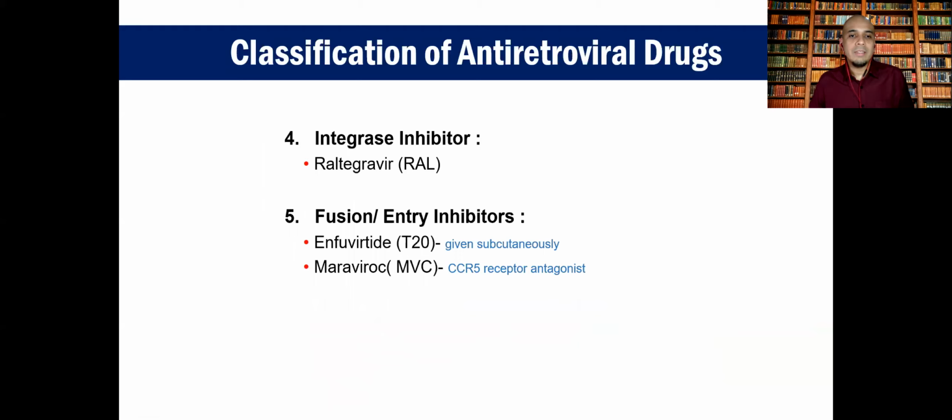The fourth group is the integrase inhibitor. The example of integrase inhibitor is raltegravir. And the last group is the fusion or entry inhibitors such as enfuvirtide and maraviroc. Each of these drugs has a different mode of action. They will be explained after this.